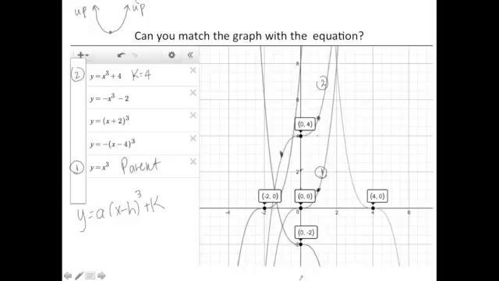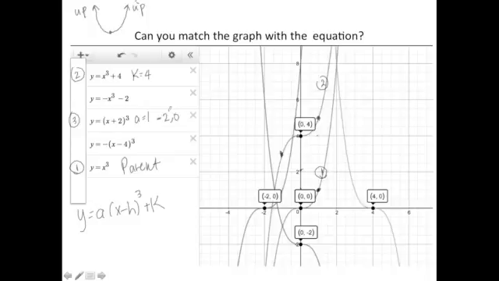All right, now let's examine this graph right here. I'm going to label this graph as number 3, and we've got to go find it. Again, the A value is 1. The H value is -2.